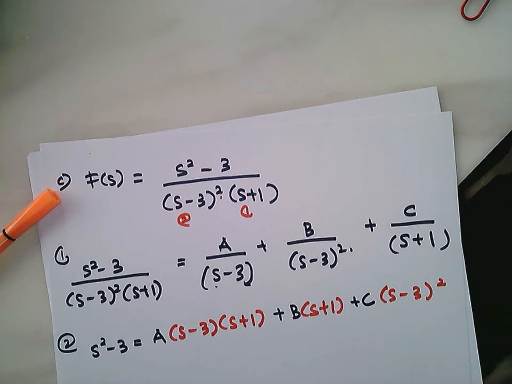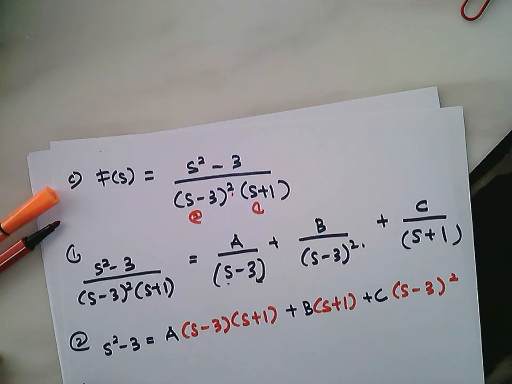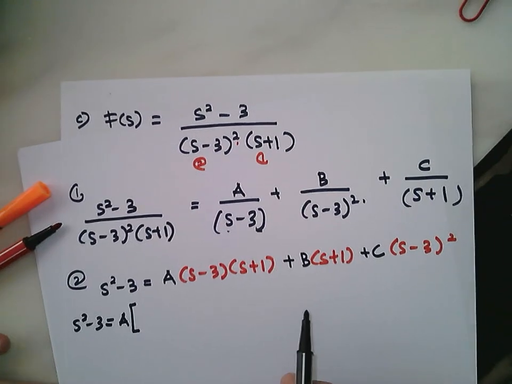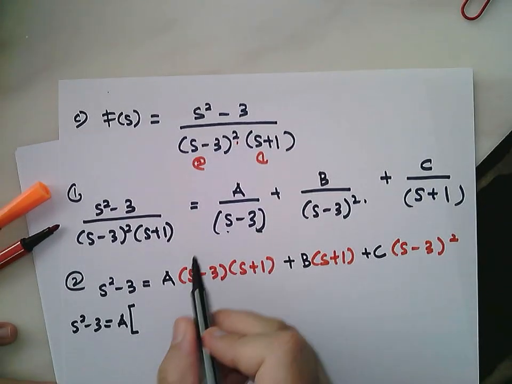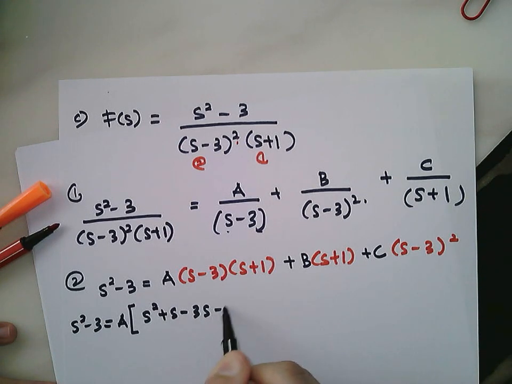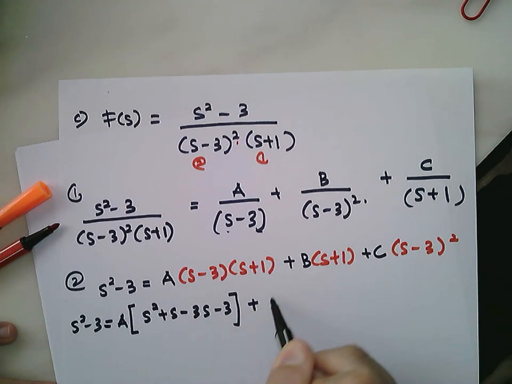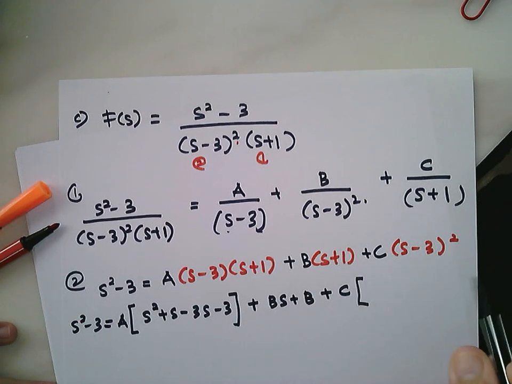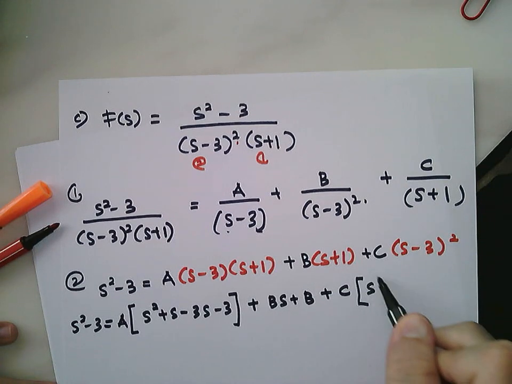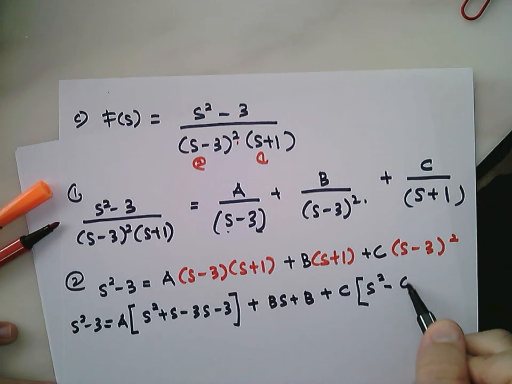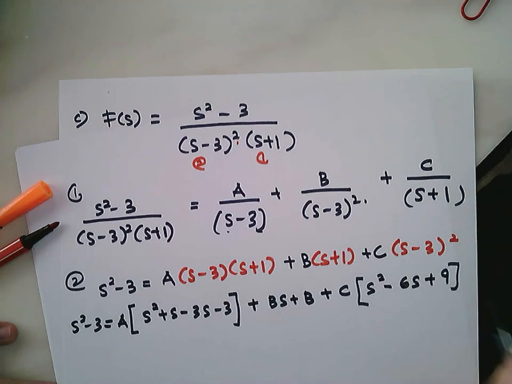Let's just do it. So you will have s squared minus 3 equals A, expand this one first. So you will have s squared plus s minus 3s minus 3, plus Bs plus B, plus C. Expanding this gives you s squared minus 2 multiplied by 3 equals 6s plus 9.